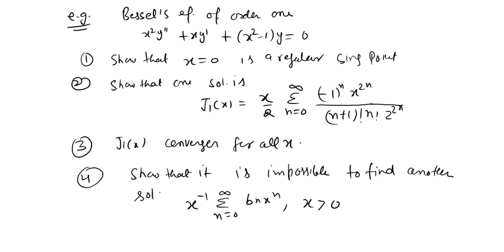First we will show that x equal to 0 is a regular singular point, then we find a solution, and also we show that this solution converges, and then we find that it is impossible to find another solution in that manner.